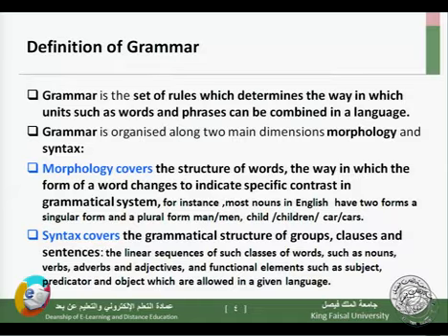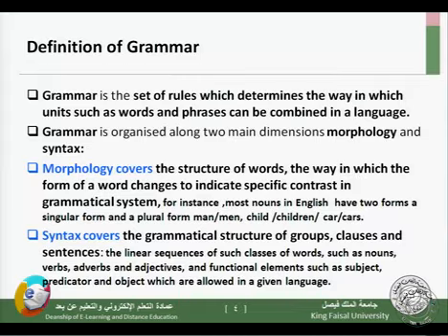When you are thinking grammatical, you are thinking of morphology and syntax. These are technical terms, and you, being an English language teacher or a linguist or a translator, need to know such terms. Morphology means words. Syntax means grammar. But let's see what they cover.